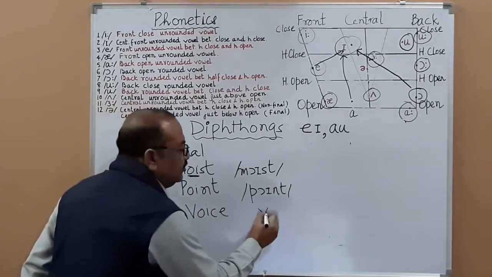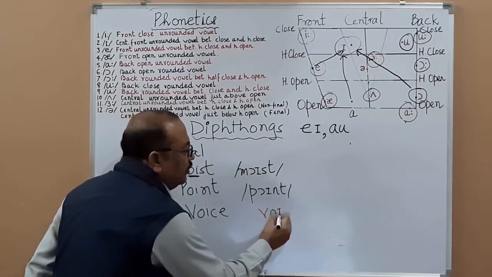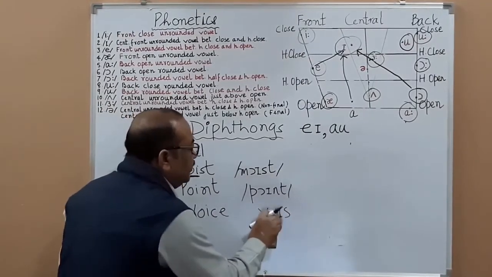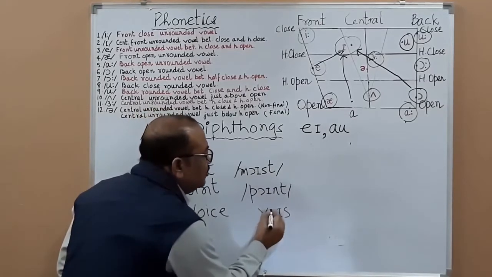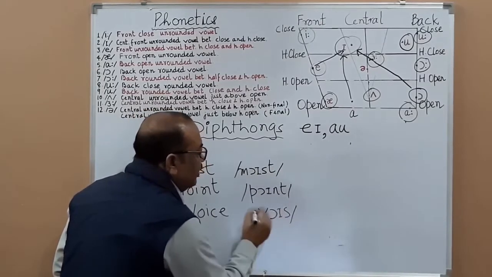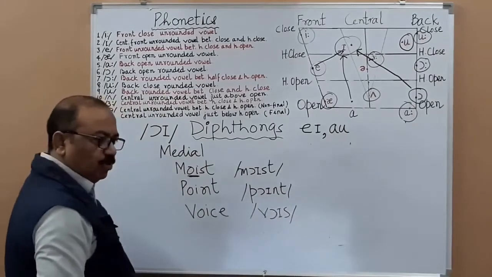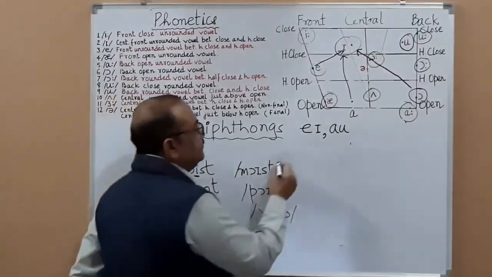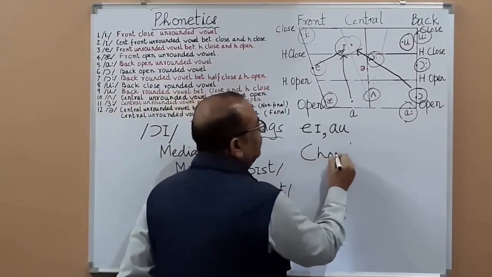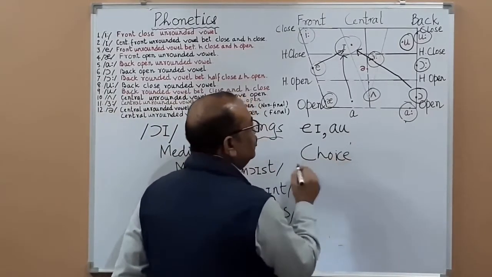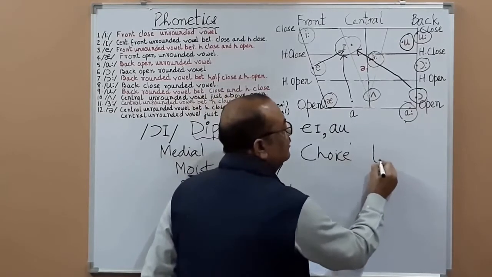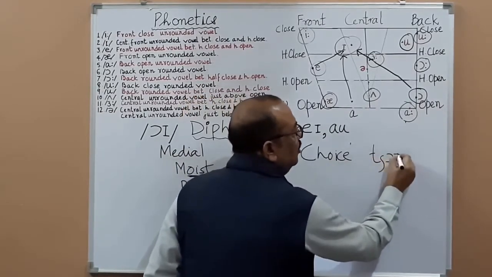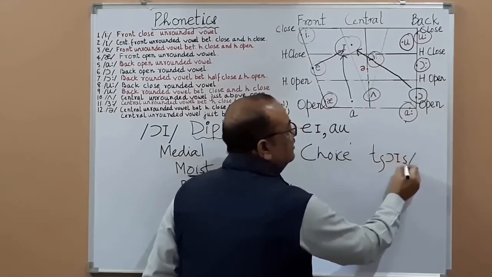Voice is very easy to transcribe. v, OE, s. Voice. Yes? Choice. Okay, good. Very nice. How do you write choice? First you write ch, this is ch, as you know. This is choi, and s. Choice.